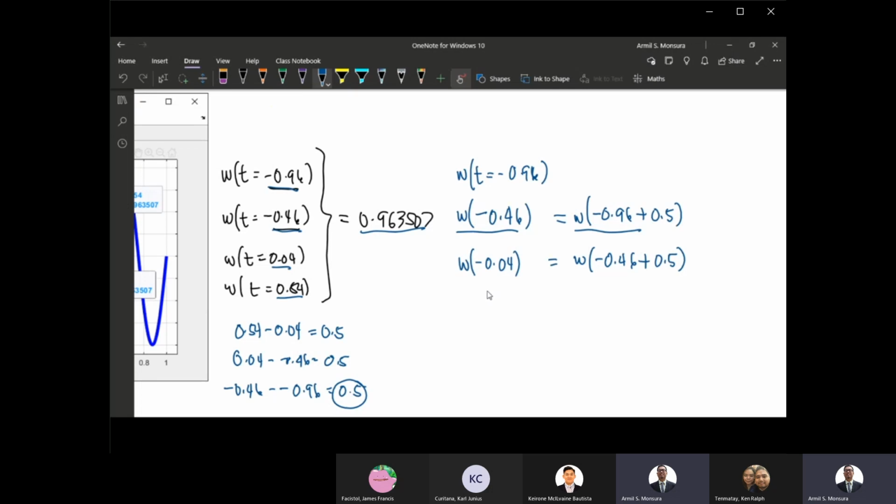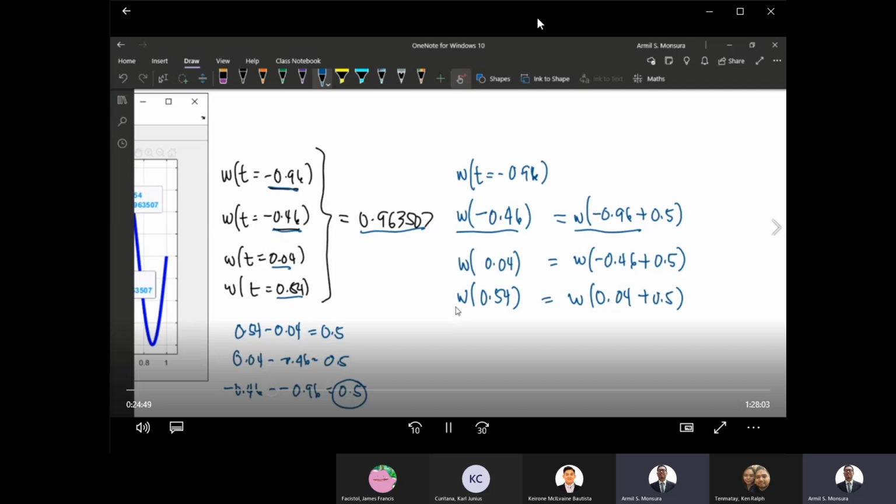And then finally, yung ating w of 0.54 is equal to w of 0.04 plus 0.5.